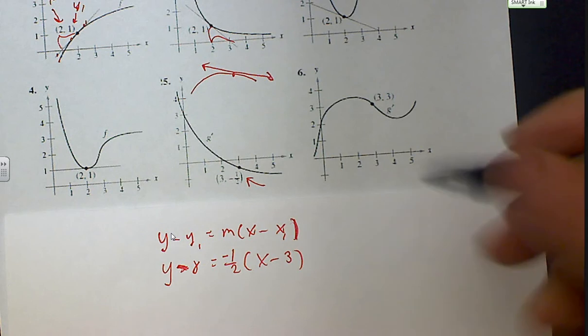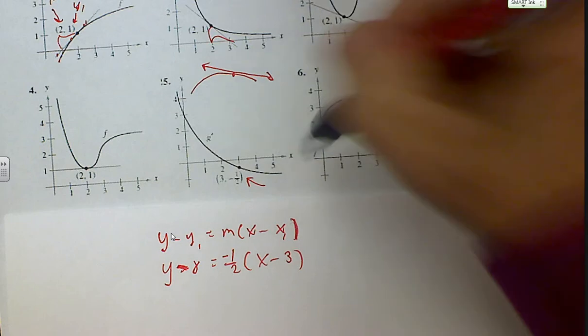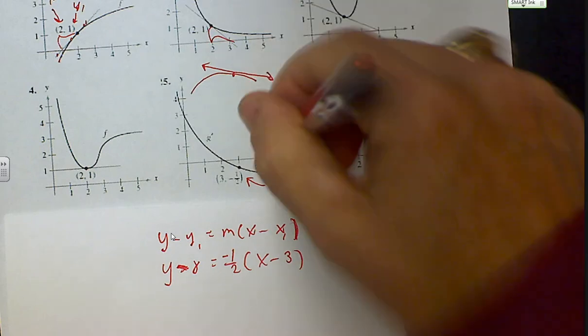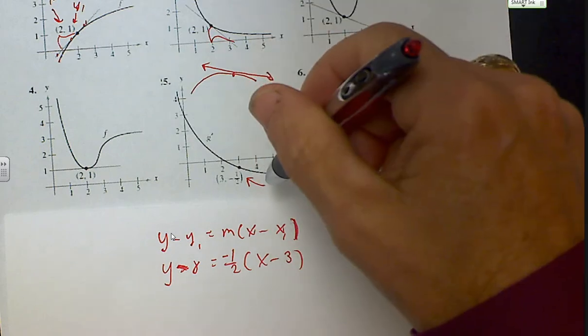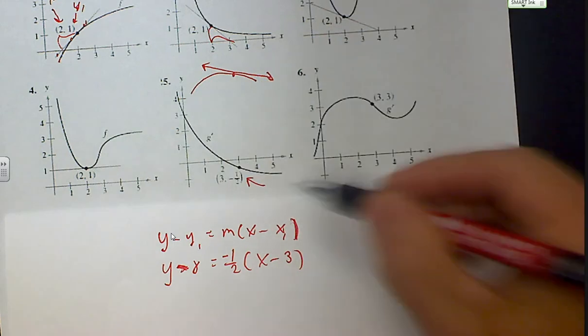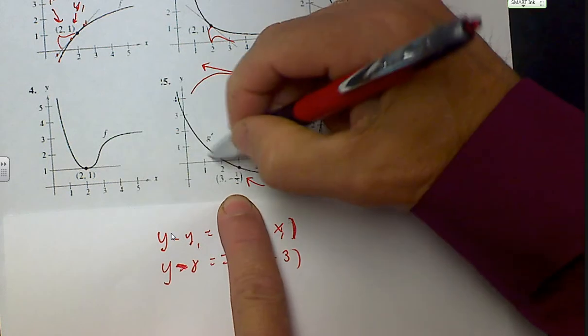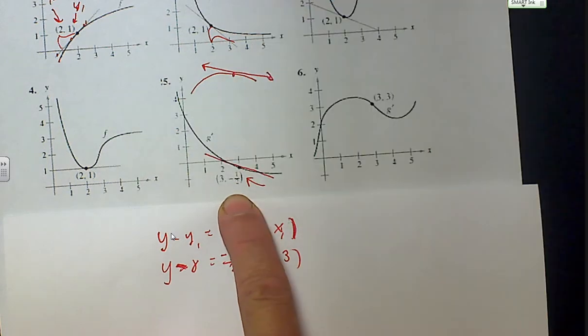Well, I thought the slope of g prime gave us the concavity. The slope of g prime would, yeah. So we're looking at the slope of g prime. What's the slope of g prime right here? A negative number. So that would tell you it's concave down. The fact that this is a negative 1/2 doesn't tell you anything. But the fact that the slope of this is a negative number tells you it's concave down.